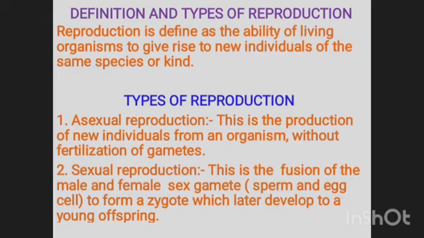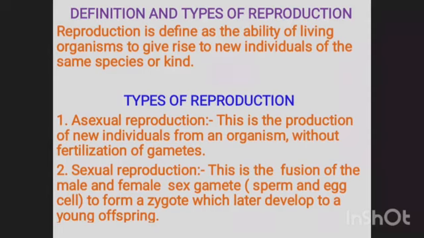And reproduction can be defined as the ability of living organisms, whether unicellular, multicellular, either animals or plants, to give rise or to bring forth new individuals of the same species or kind. You can simply put that reproduction is the ability of an organism to reproduce its own kind.